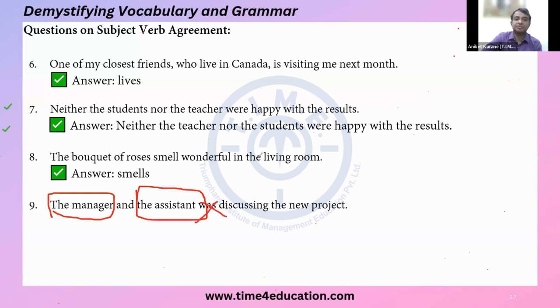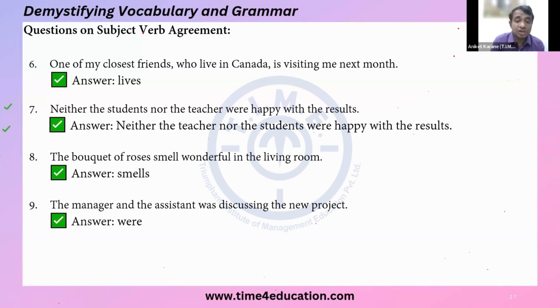So was is incorrect. So you will have were. Was will turn to were. So the manager and the assistant were discussing the new project.